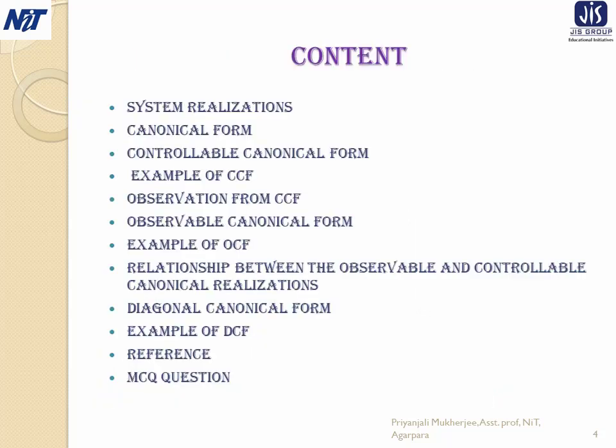So the contents are the system realization, the canonical form or the controllable canonical form, an example of controllable canonical form, observation from the controllable canonical form, the observable canonical form, its example, the relationship between observable and controllable canonical realization, diagonal canonical form, example of the diagonal canonical form, the references and MCQ questions.